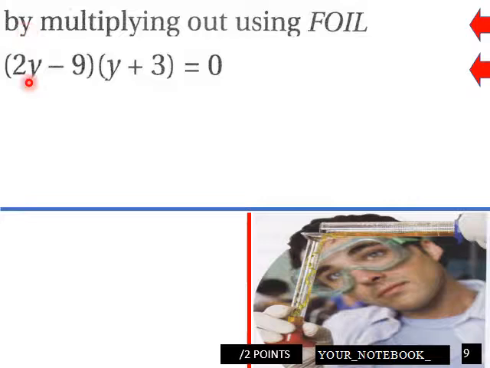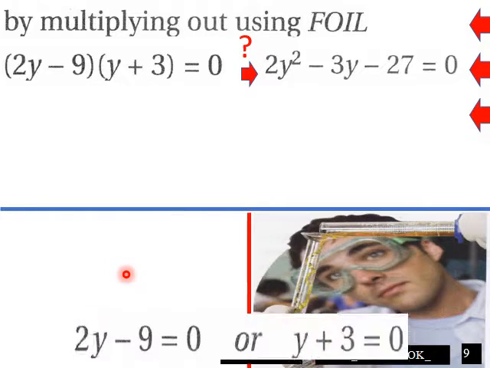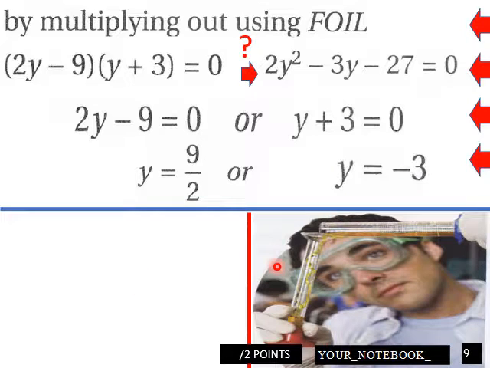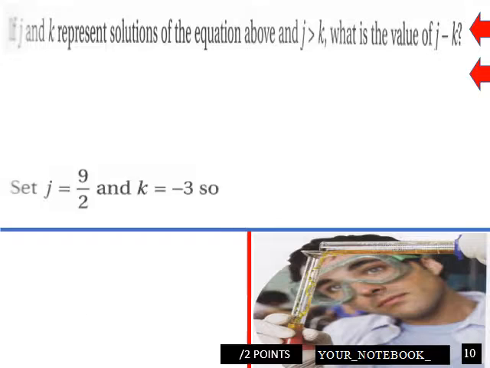Multiply by using FOIL, like this, like that, like this, and then like that. So 2y minus 9 equals 0, y plus 3 equals 0. It does check. So y equals 9 over 2, or y equals negative 3. Those are your solutions.